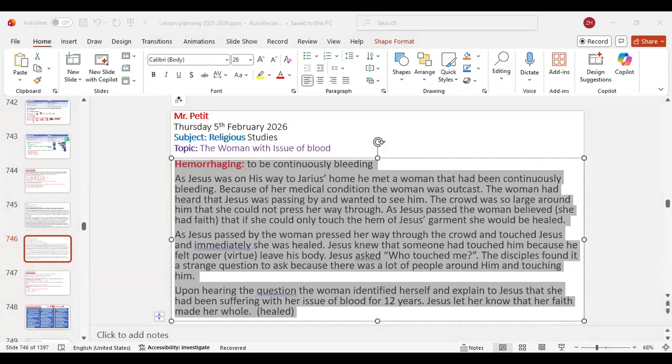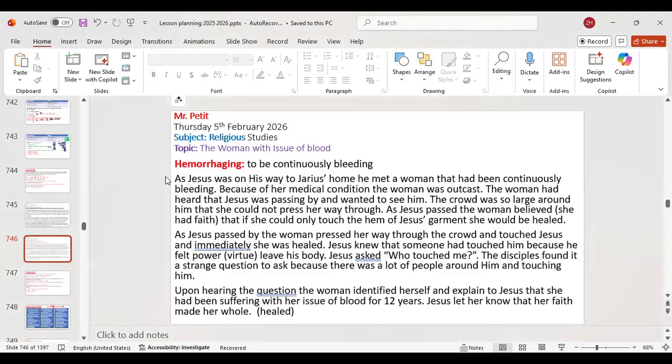So, okay, so good. All right, so Jesus is on his way to Jairus' home, and then there's a lot of people around him, right? But we have this lady, she was hemorrhaging. What does hemorrhaging mean?